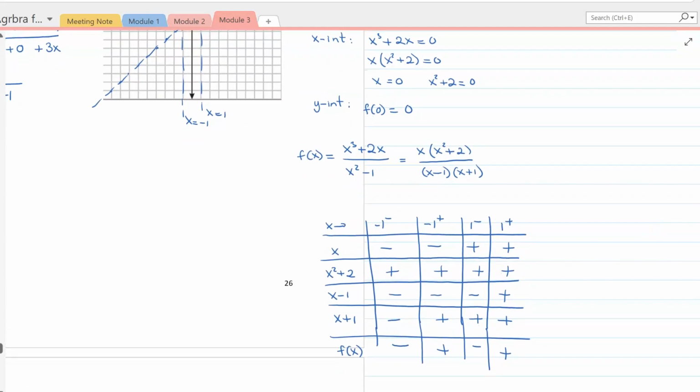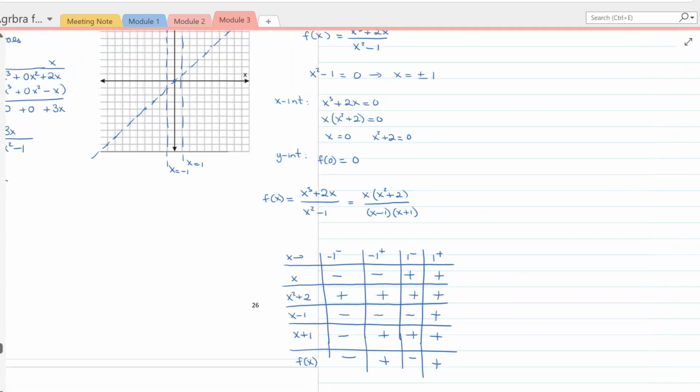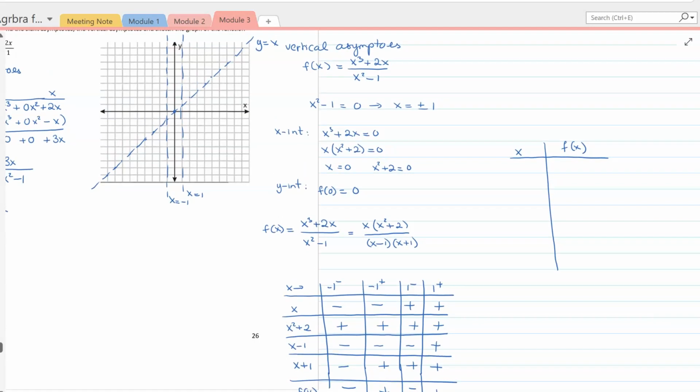Now what we do is make the table of values to determine what the graph would look like. Okay, so go ahead and make the table of values. Pick the value for x and calculate the value for f of x. I shall choose the values of x to be negative 3, negative 2, negative 1.